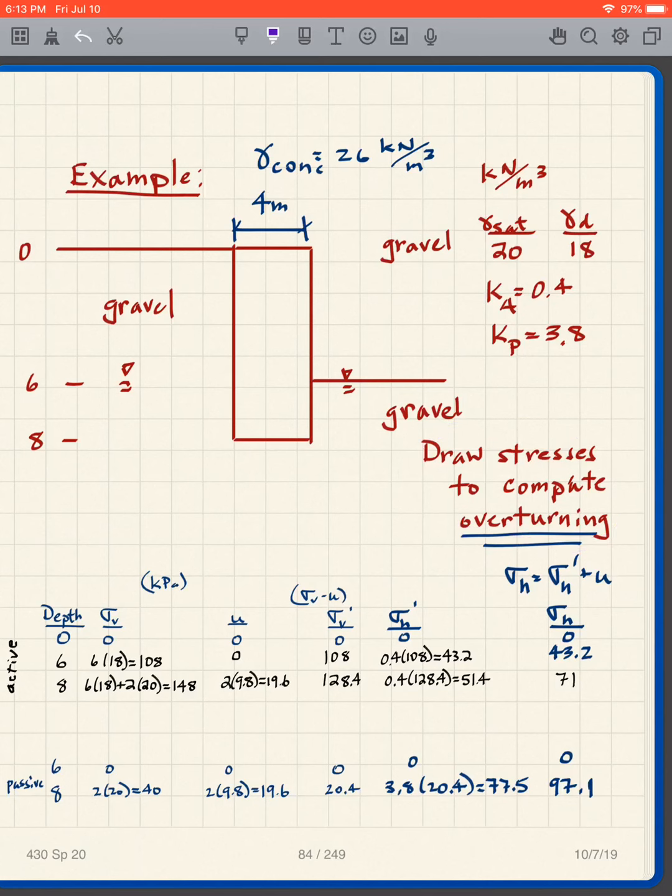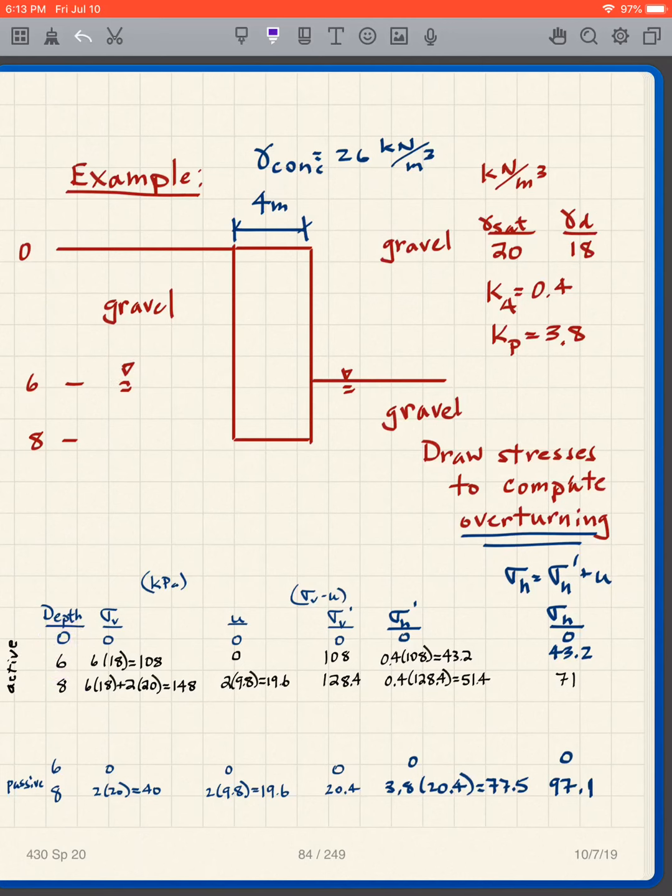Again, now here I only have one soil type. So if I only have one soil type and I have the water table there, then my depths of interest are going to be 0 at the top, 6, and 8. I don't have to do 6 plus and 6 minus, however you want to say it, because it's just the water table. There's no discontinuity there.